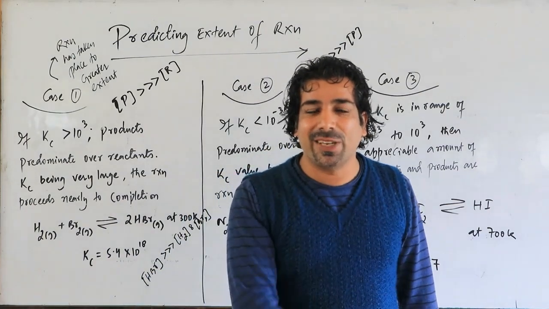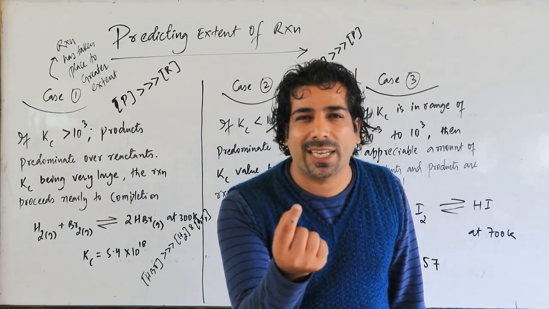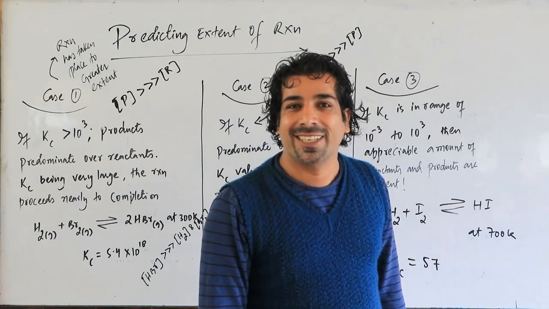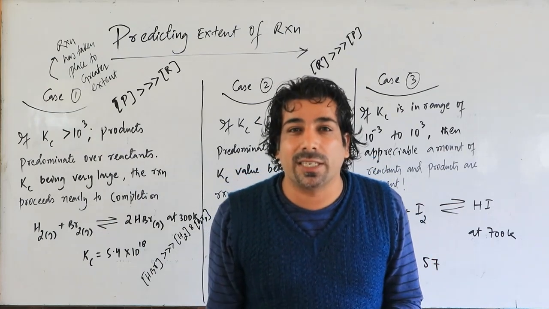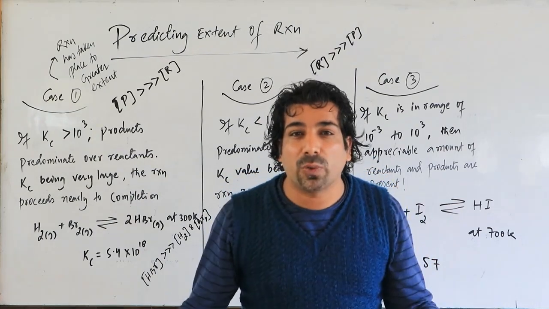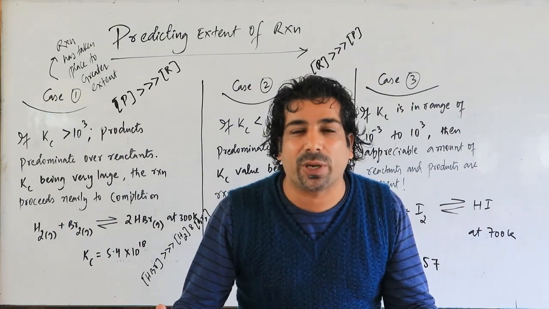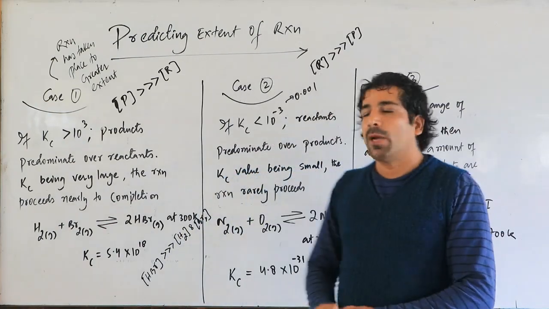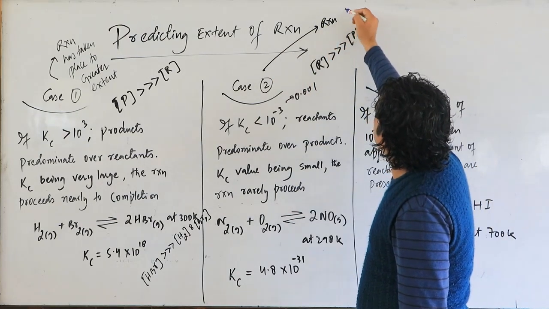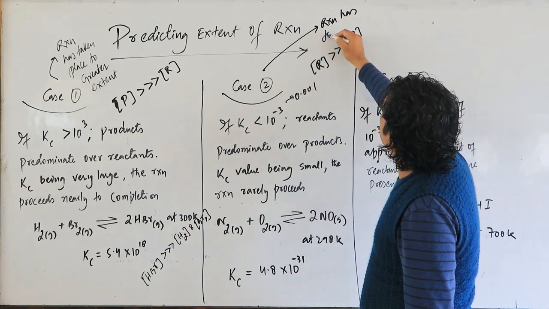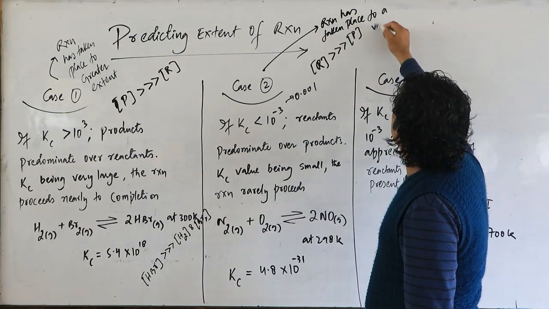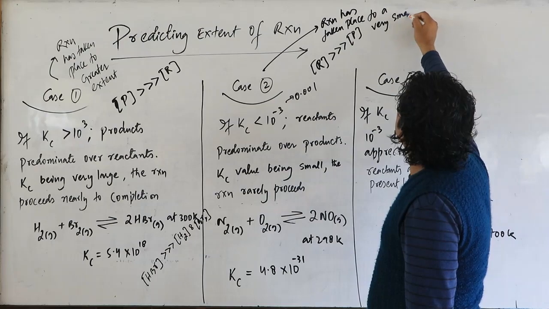That means the reaction will take place to a very small extent, because at equilibrium reactants are far greater than products and do not easily change into products. So we will write down here in case number 2: the reaction has taken place to a very small extent.